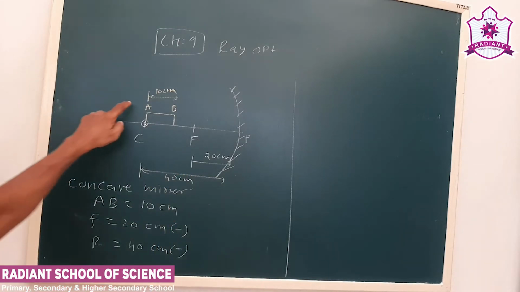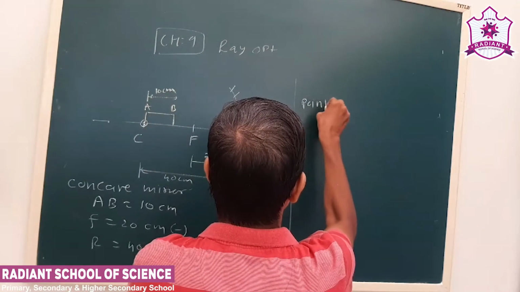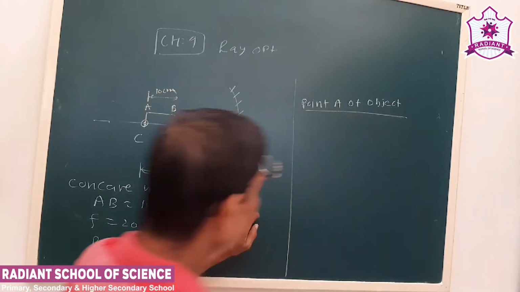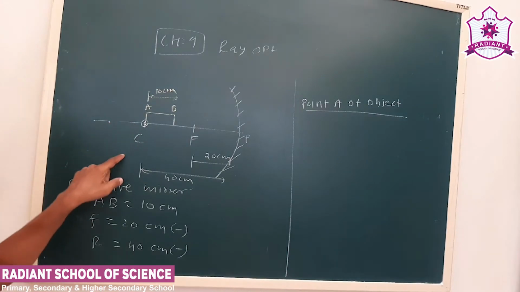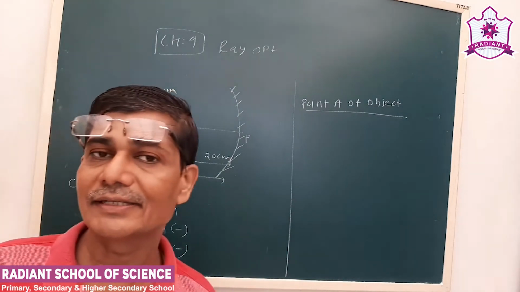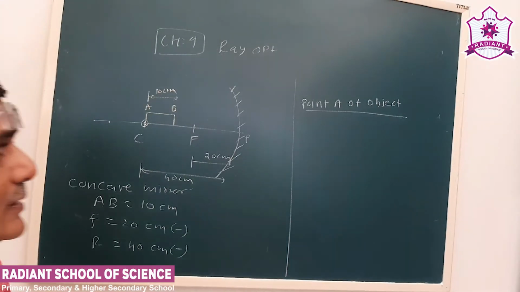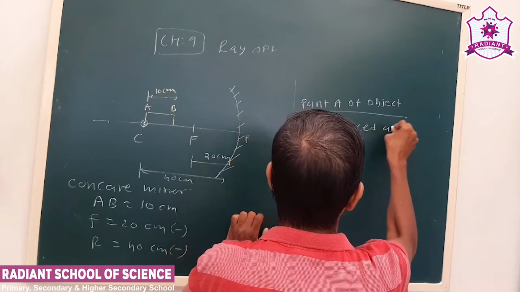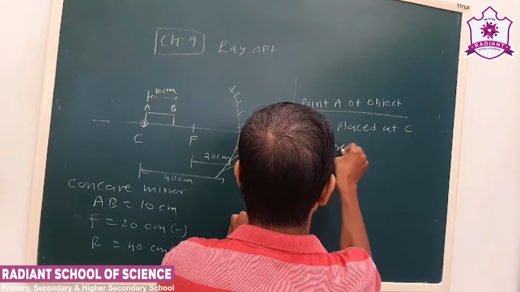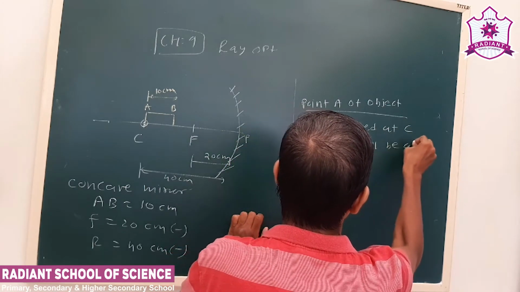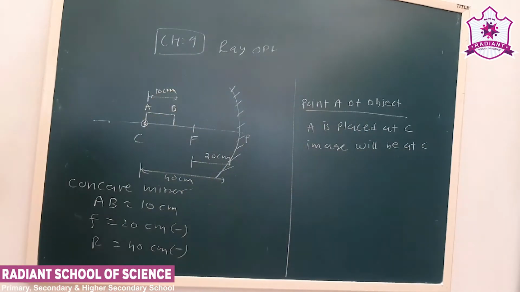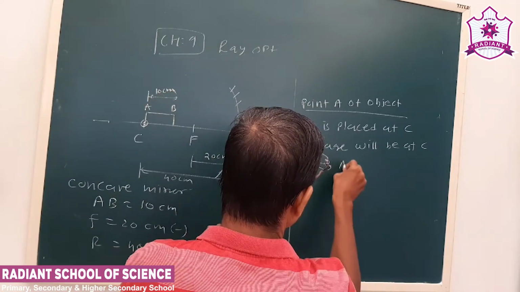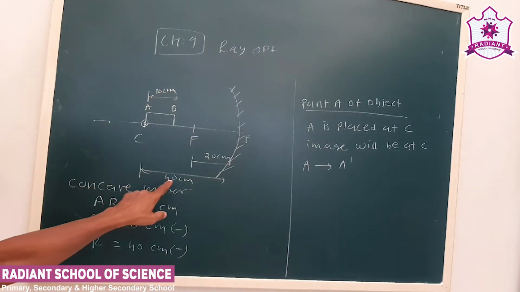Now first we consider point A of the object. Now see, the point A of the object is at C. Now we have seen when the object is at C, image also will be formed at C. Okay, so the image of A, let us say A dash, will be at C. So what is the distance here?